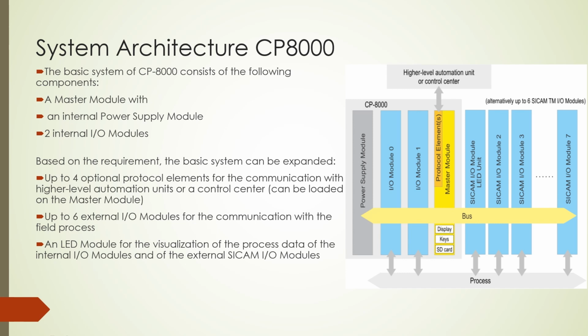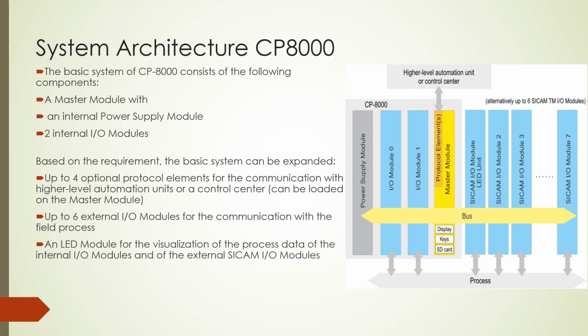The basic system of CP8021 consists of the following components: the master module and an external power supply. It supports all the same things, but the difference between CP8021 and 22 is the inbuilt GPRS.